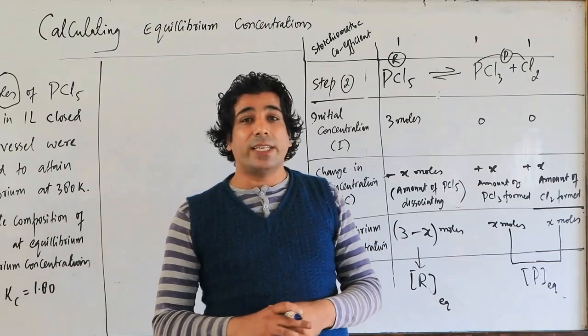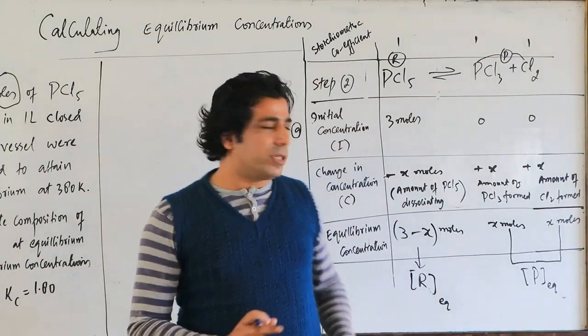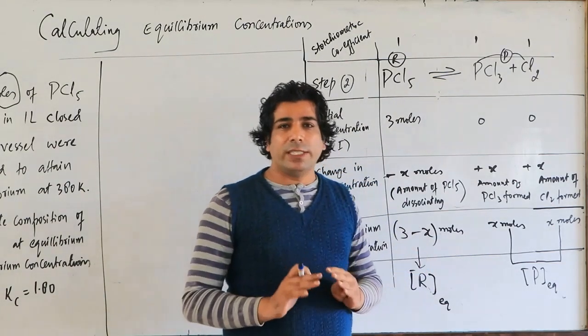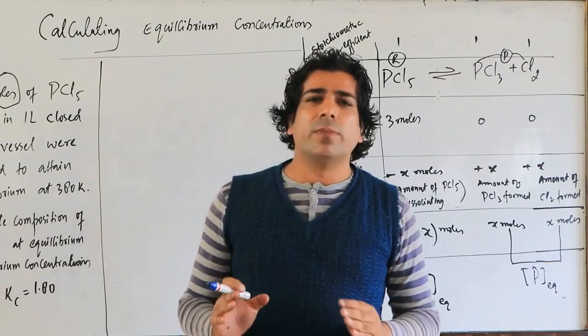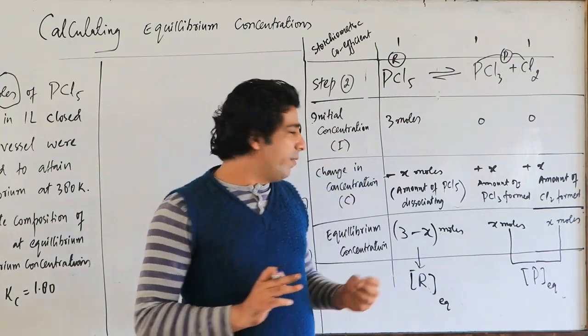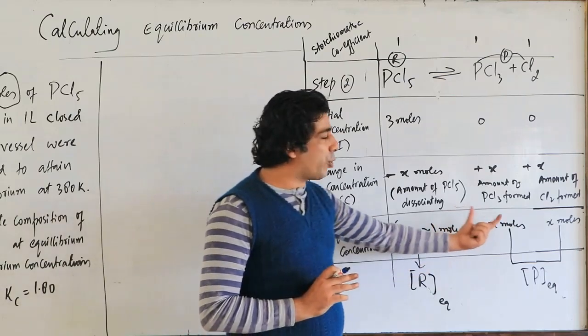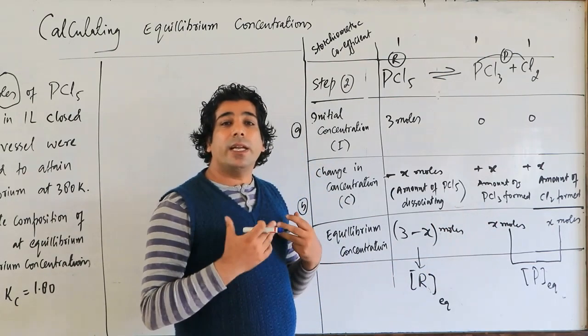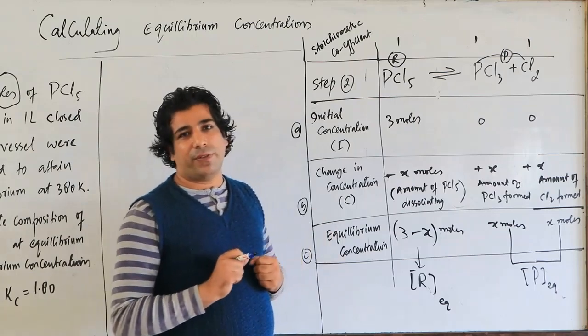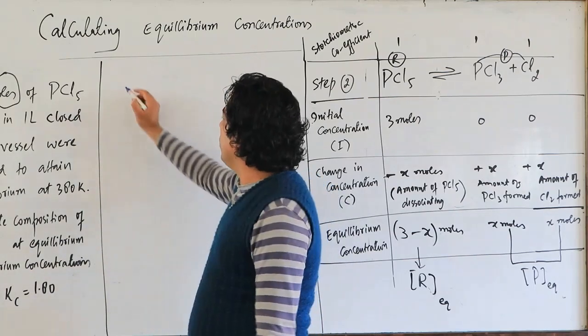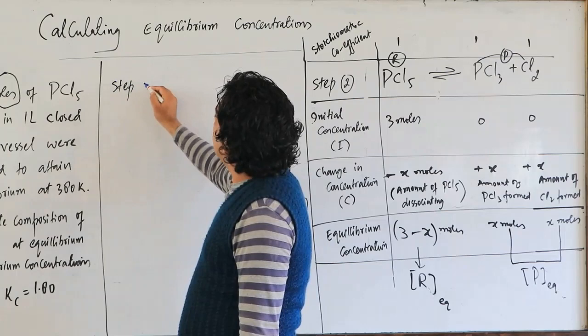So in order to find out this particular X, we will just use the equilibrium constant equation. We will substitute the equilibrium concentrations of reactants and products in the equilibrium constant equation, my dear friends. It's a very simple thing. So it will be our step number 3.